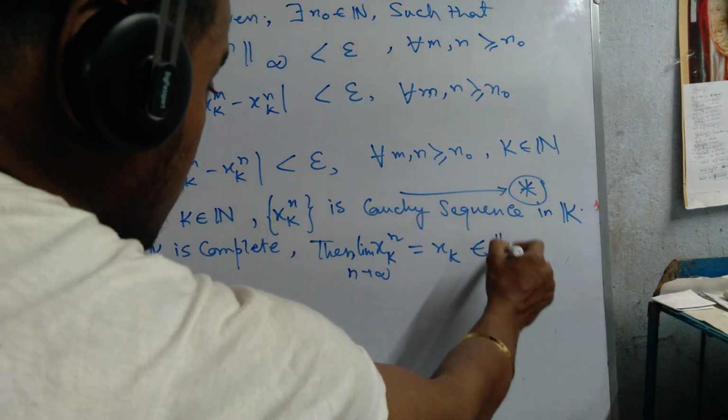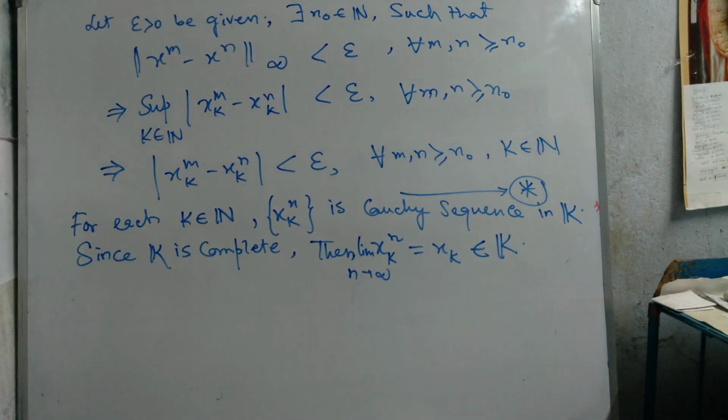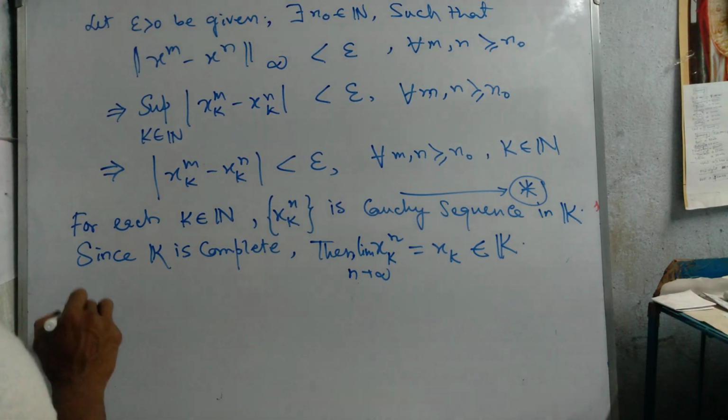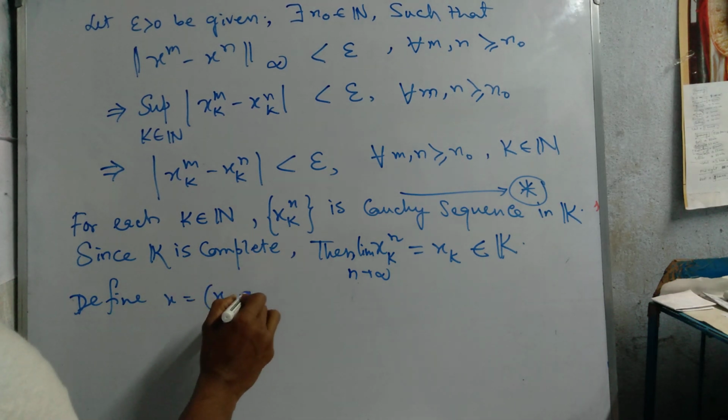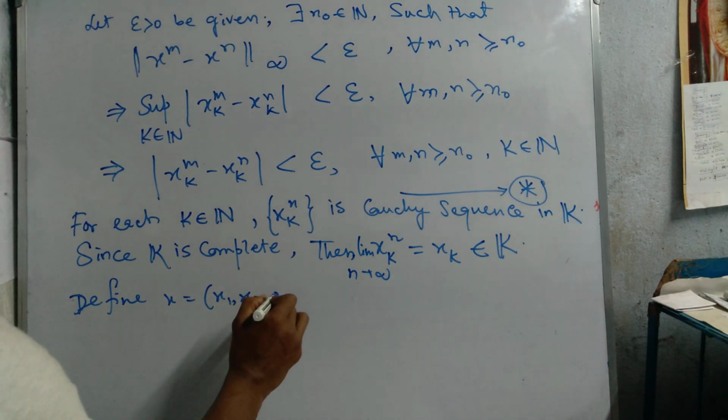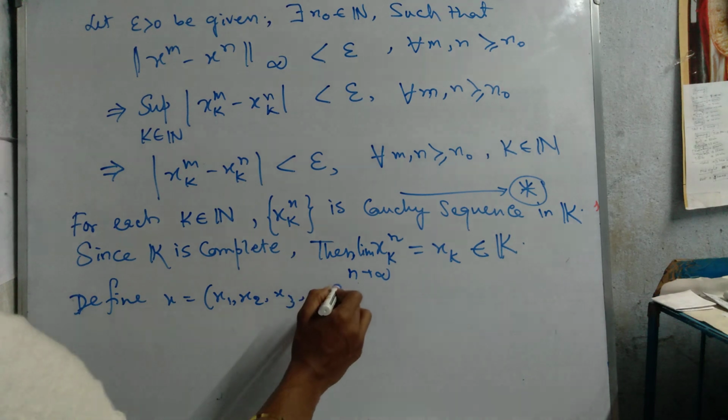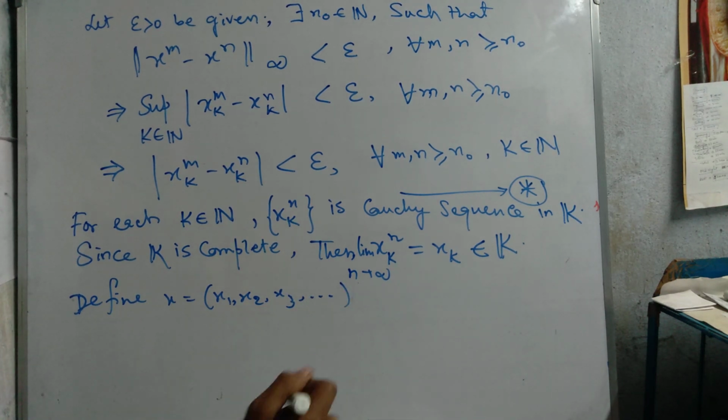Here it belongs to this K, since K is complete. So what happened? Then we define some x equal to, similarly, x1, x2, x3, and so on.